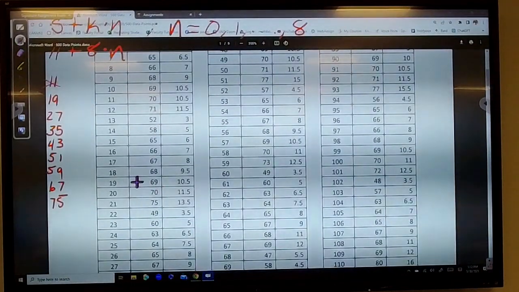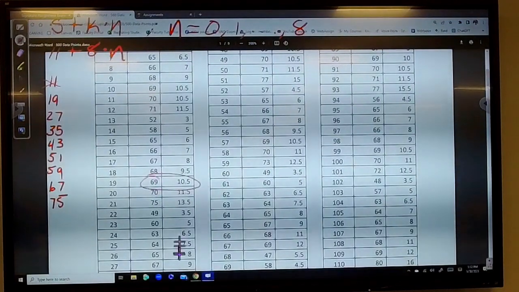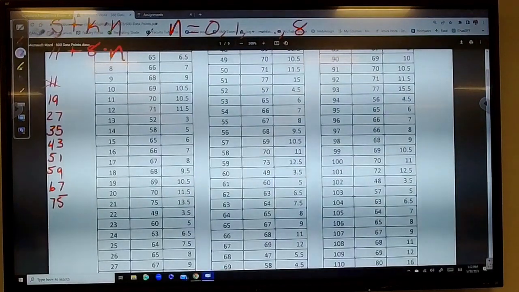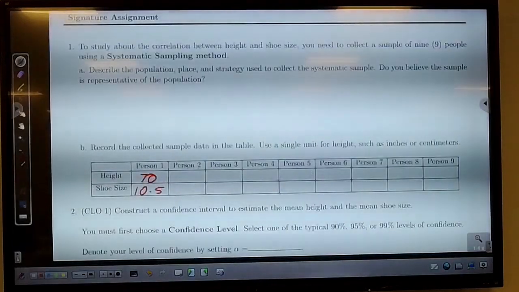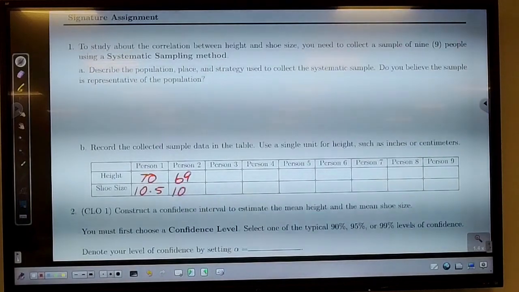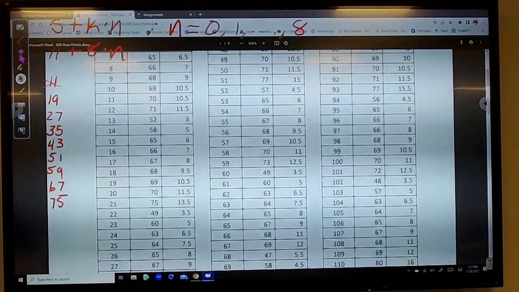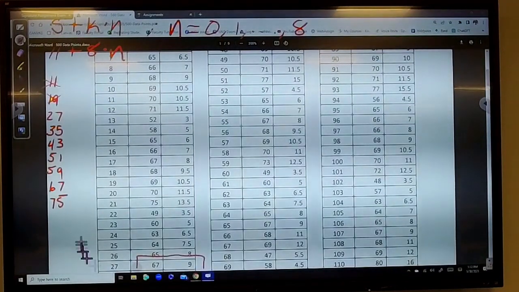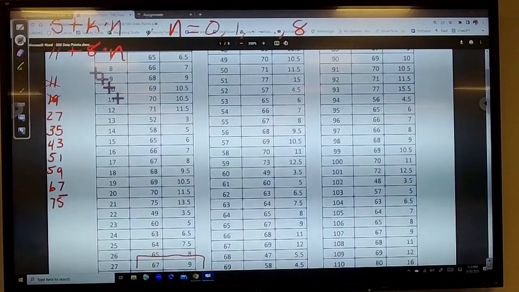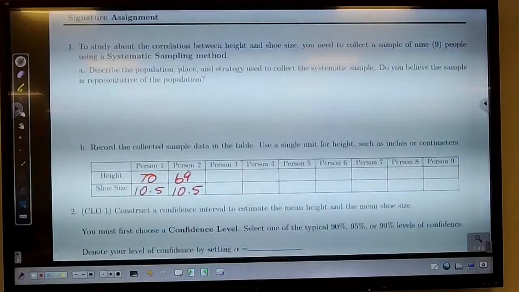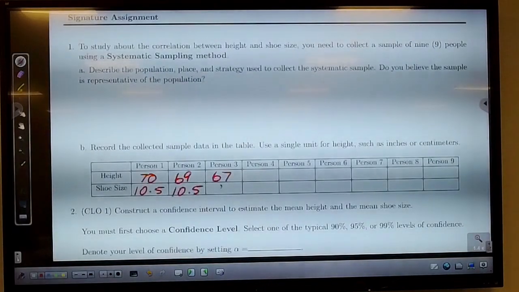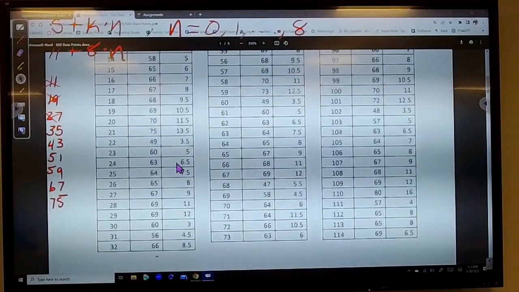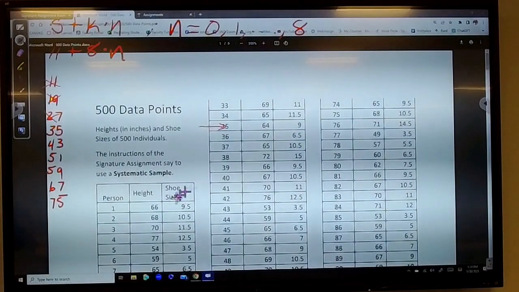And number 19 was 69 inches tall with a shoe size of 10.5. Then 57 height with shoe size 9. And then I need number 35, height of 64, shoe size 9.